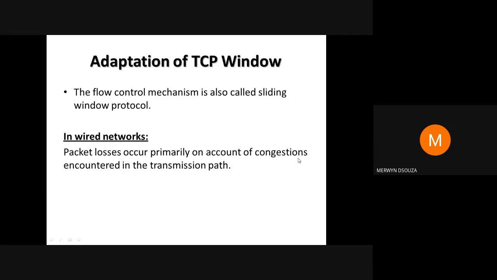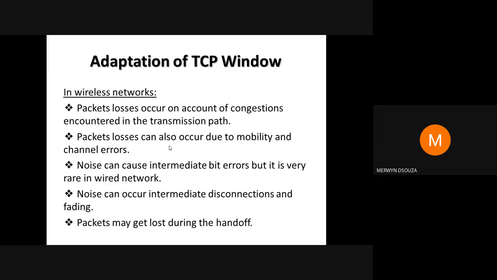So if congestion happens, what will TCP do? All the techniques that you have studied for congestion recovery. This is what it has been designed for in wired networks. Now, can this same TCP be used for wireless networks?